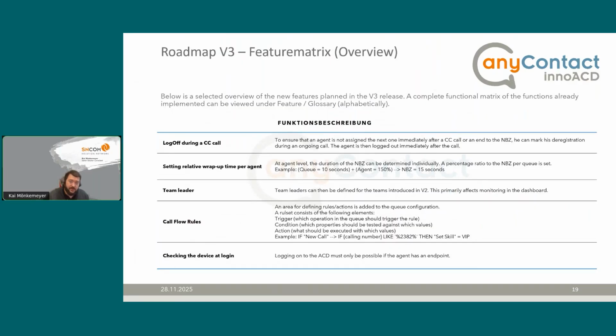I have a couple of slides with text in it, a little bit more to read later on, and a little bit for your eyes, showing the real apps. So what will be the main features we will deliver in January? It will be call flow rules.